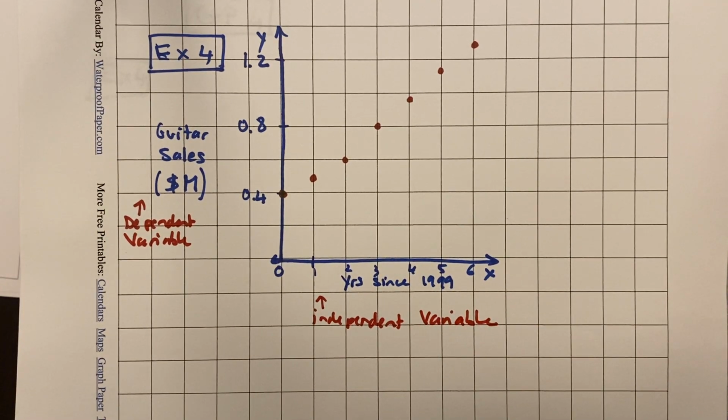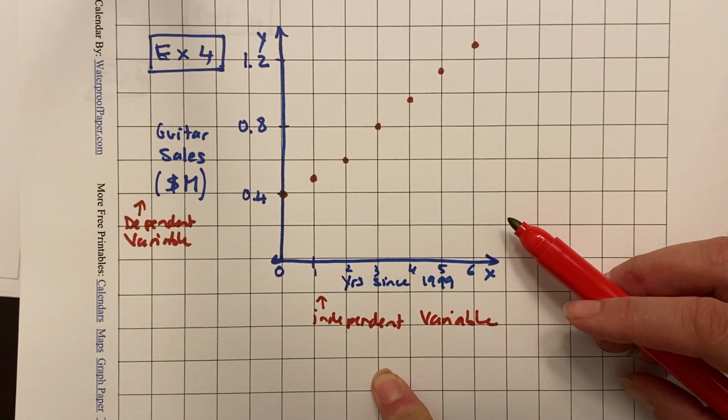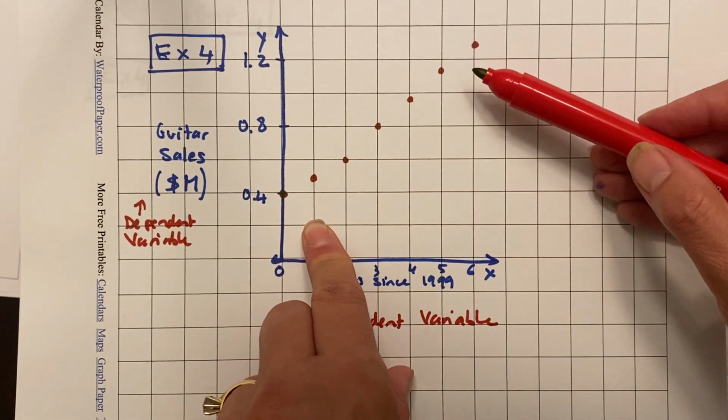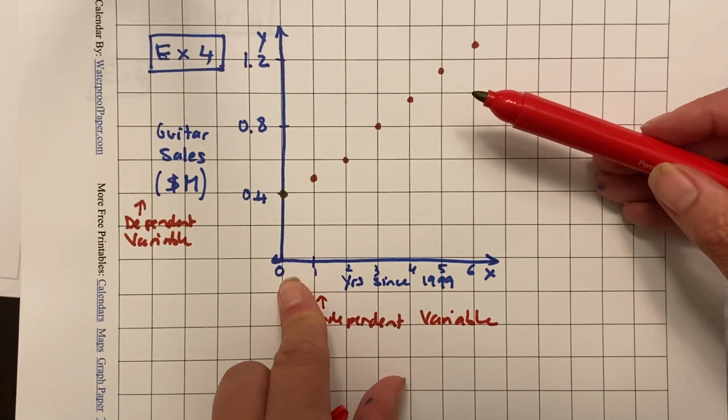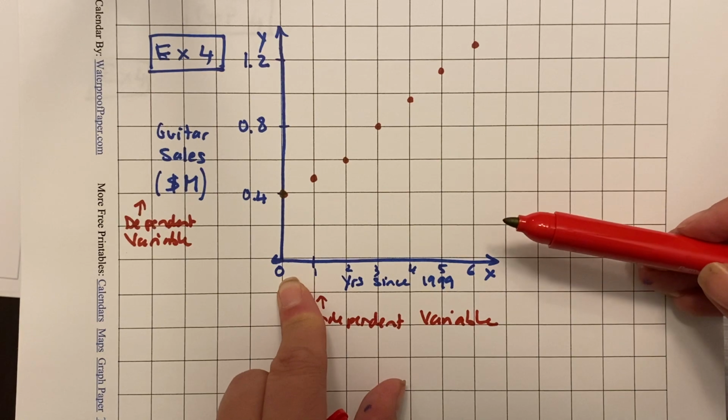Okay. Then we're asked, describe how sales changed over the period and how you would expect sales in 2006 to compare to 2005. In other words, the next year, what's going to happen? So what does the graph show when we analyze it? What does it say about the sales? Well, clearly, the guitar sales are going up since 1999. From 1999 through 2005, they were increasing.